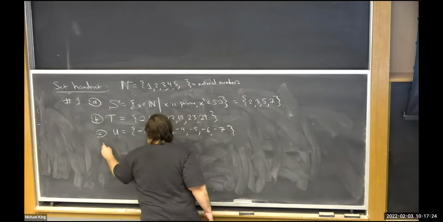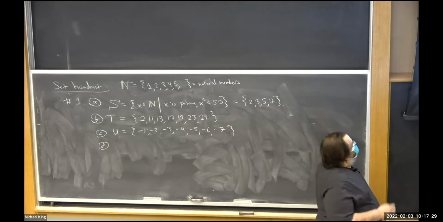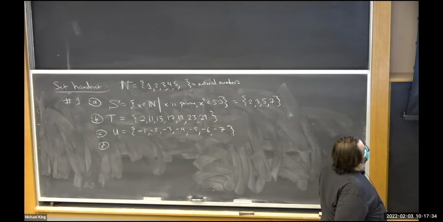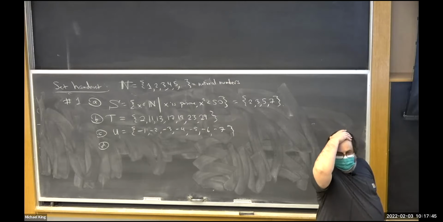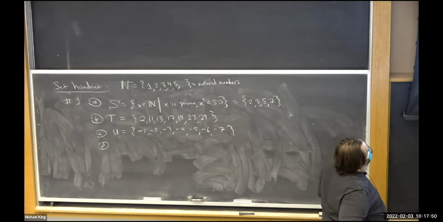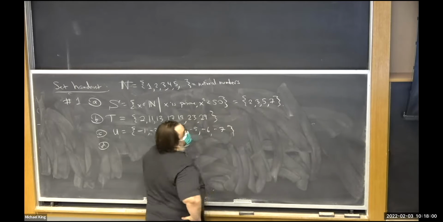This is kind of interesting because this is the X in Z such that you can find a Y so that X squared plus Y squared is less than or equal to 25. So what integers does that end up being? 0, 3, 4, and 5. Those could get you to exactly 25, right?